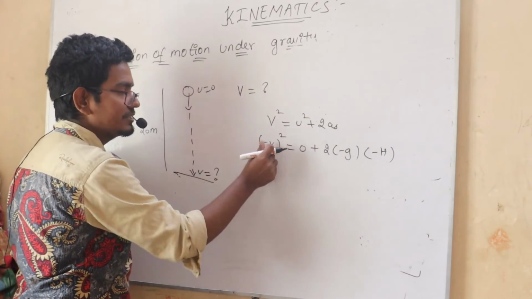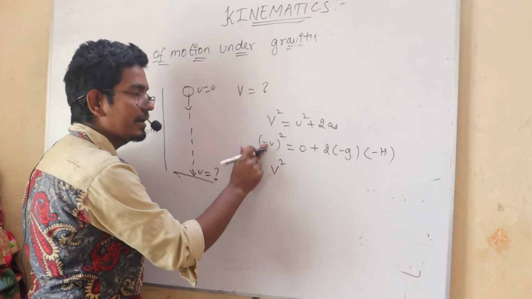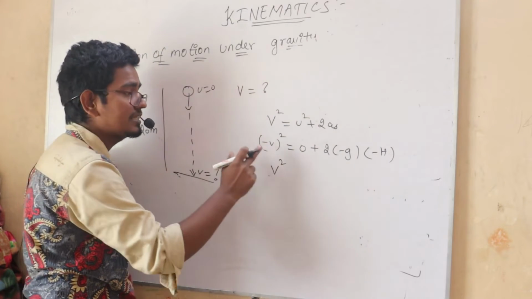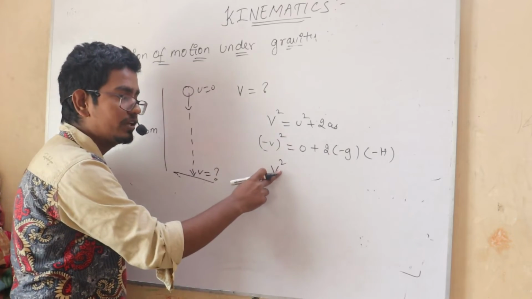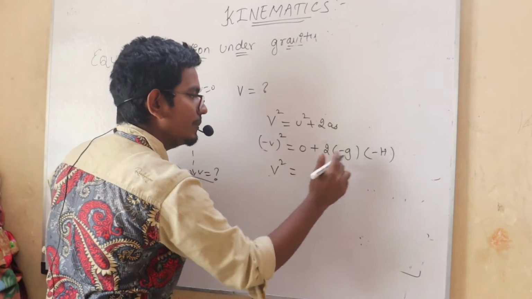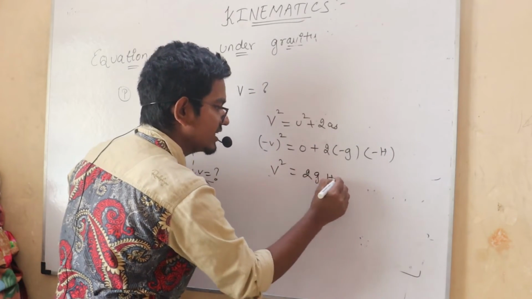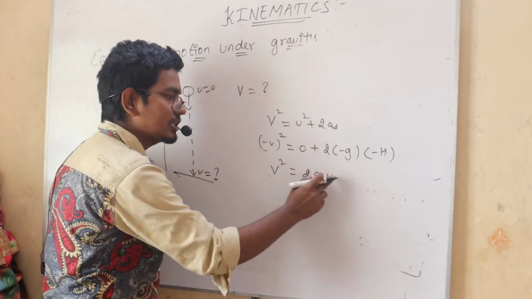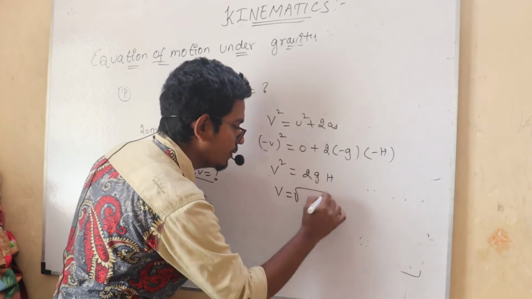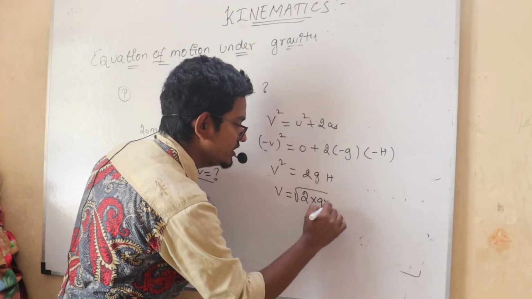So minus v square, minus into minus is plus. I have to write 2 times minus and minus v into v. So v square is equal to minus into minus plus 2gh. It is what we saw in the previous one. So v square is equal to 2gh, then v is equal to root over 2 into g into h.